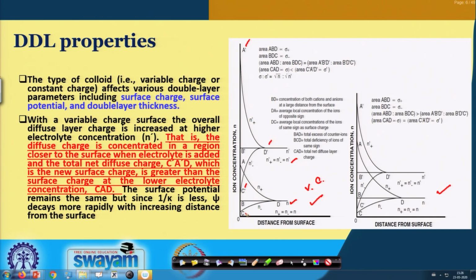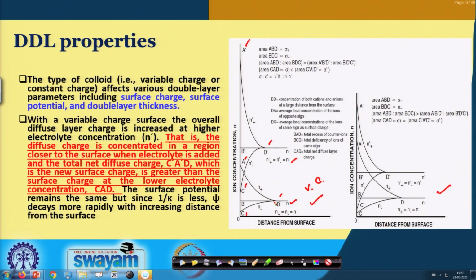So initially the surface charge for lower electrolyte concentration was C, A and D. Now by increasing the electrolyte concentration, we are getting a surface charge of C dash, A dash and D dash. Obviously C dash, A dash and D dash is greater than CAD, and the surface potential remains the same.